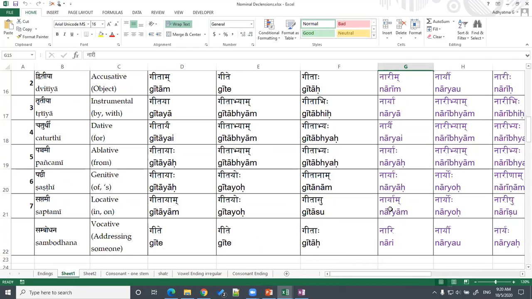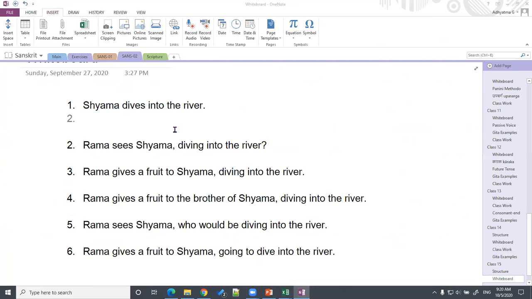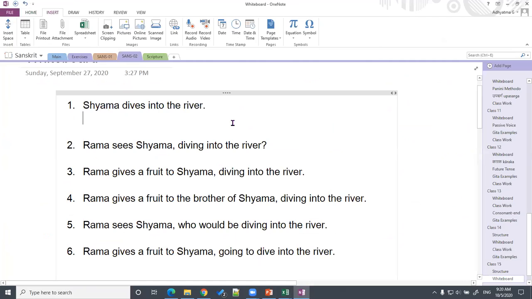And Naryam is the seventh case singular. So Shyama dives into the river. How do we make it? Shyamaha. So it will be the seventh case singular. So Nadyam gahate.